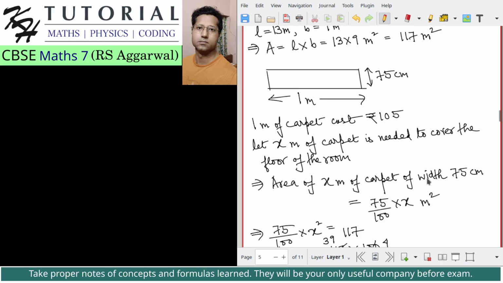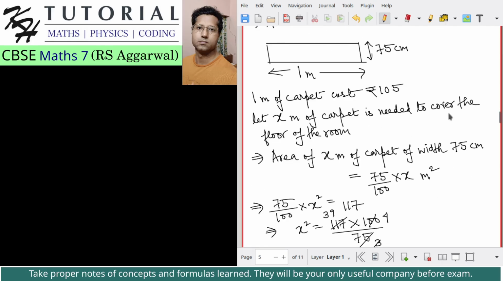And then, if we are considering that x meter of the carpet is needed, that is the length of the carpet will be x meter, so that it can cover the entire floor, the area of the carpet of x meter length and 75 centimeter width will be equal to the area of the floor.